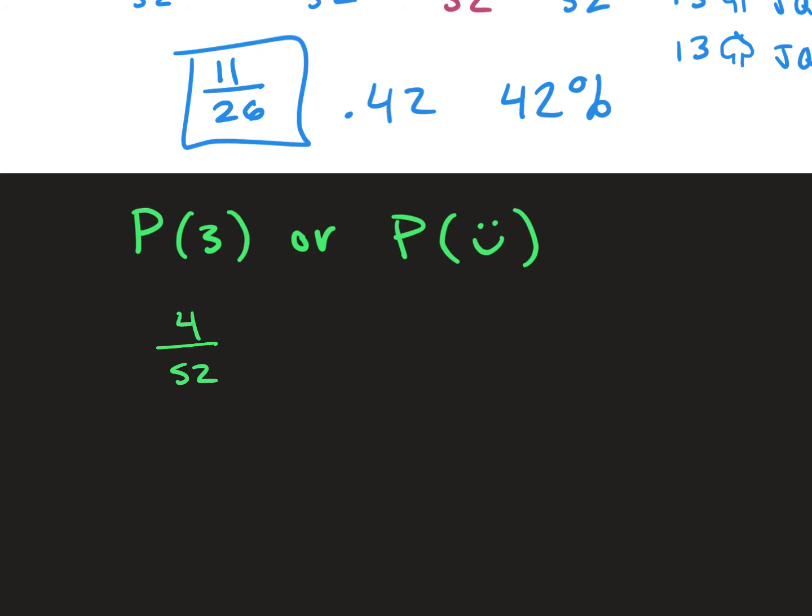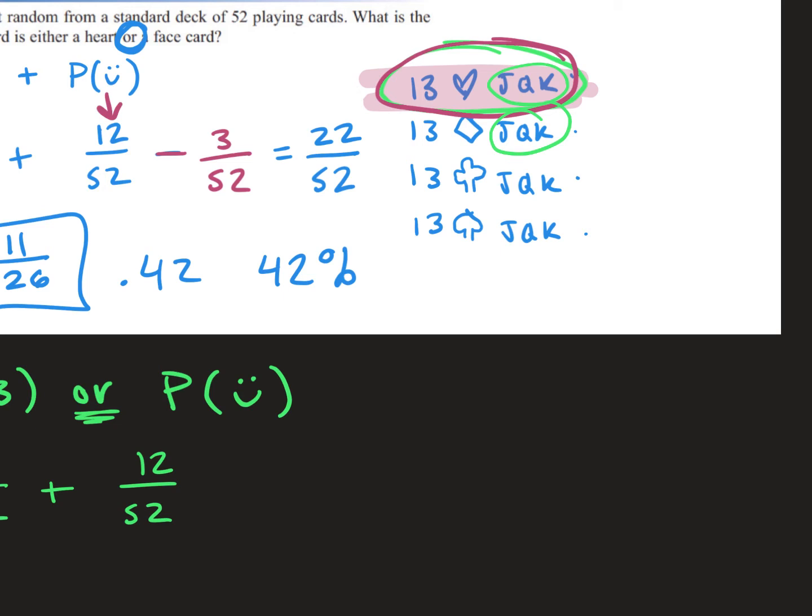We have 4 3s. Or means that we add or multiply. Add. And then how many face cards do we have in our deck? 12. We have 3, 3, 3, and 3. So 12.